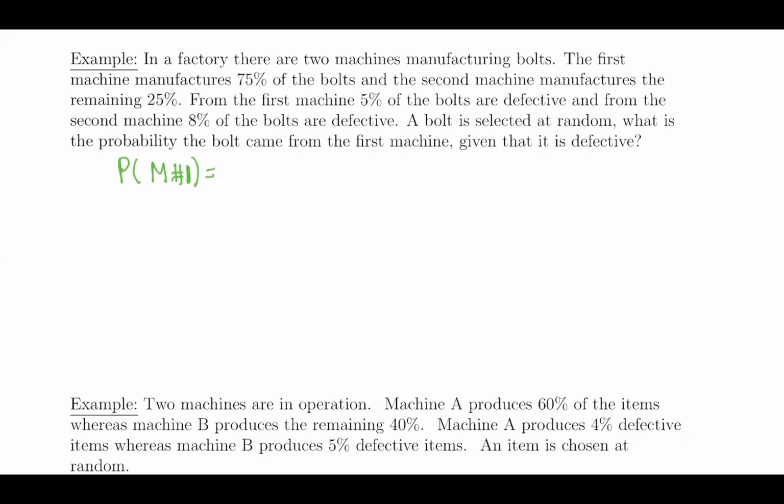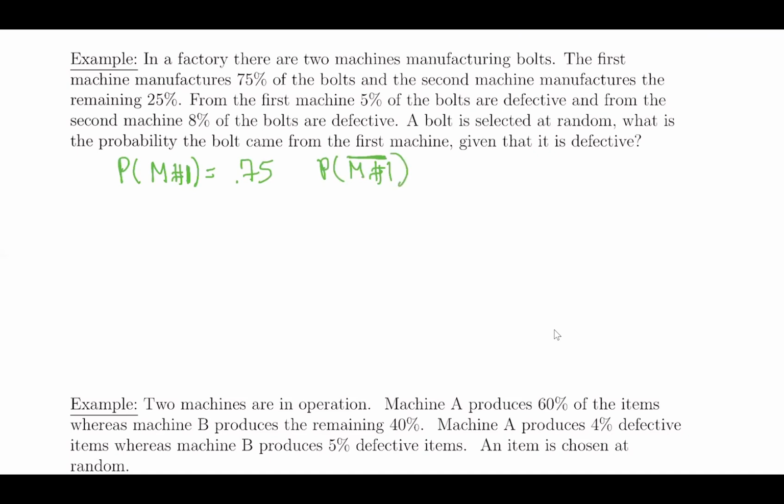So how many boats are manufactured by the first machine? 75%. Yeah, 75%. Thank you, Monty. So you put 75%. So what's the probability that a boat was not manufactured by the first machine?